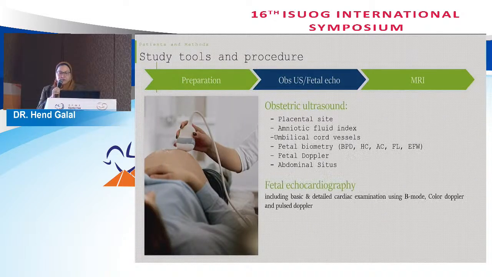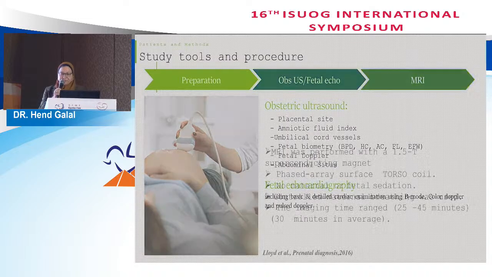About obstetric ultrasound, we assess basic ultrasound with fetal biometry, placental site, amniotic fluid index, and abdominal situs. Also, we included basic and detailed fetal echocardiography using B mode, color, or pulsed Doppler.